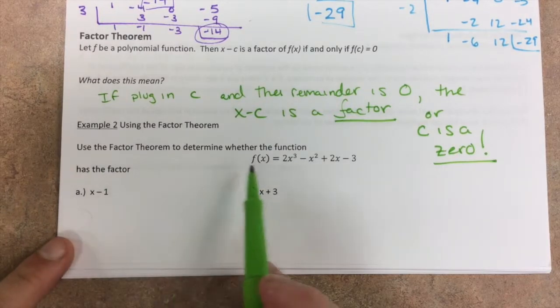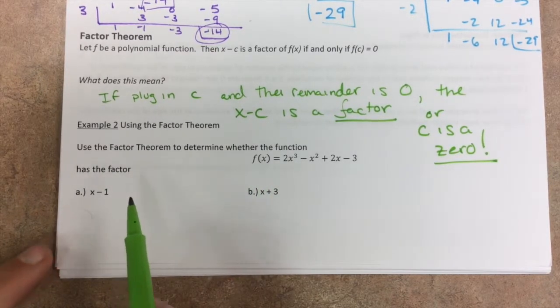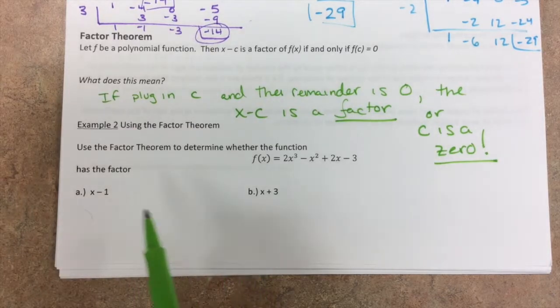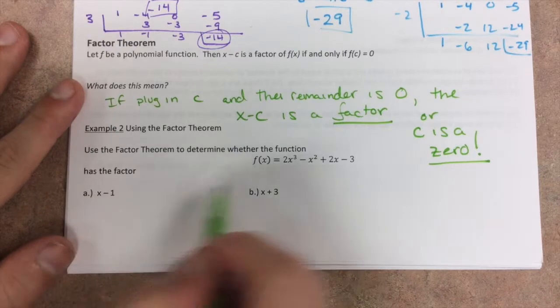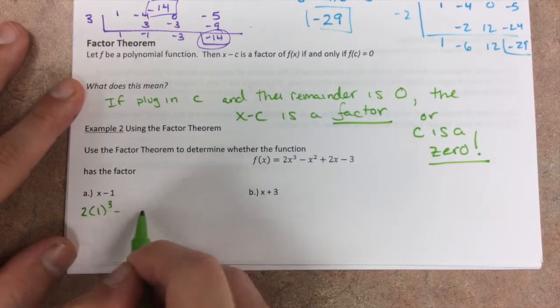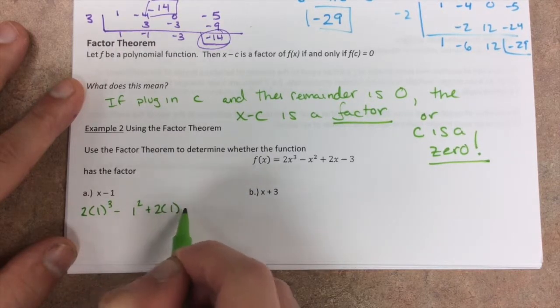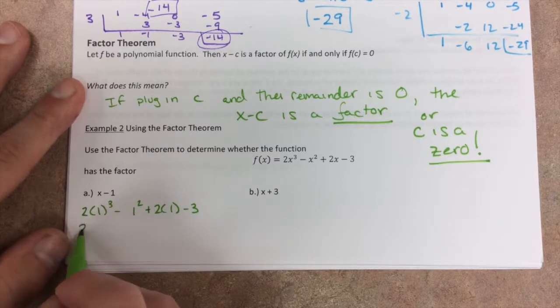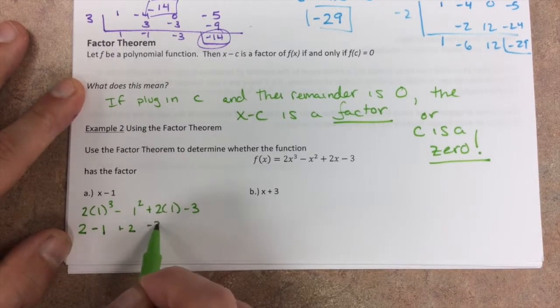So let's just quickly see. Use the factor theorem to determine if this function has a factor x minus 1. To figure out if it's x minus 1, we're going to plug in 1 and see if it comes out to be 0. So if I plug in 1 to this function, I get 2 times 1 cubed minus 1 squared plus 2 times 1 minus 3. So that's 2 minus 1 plus 2 minus 3.